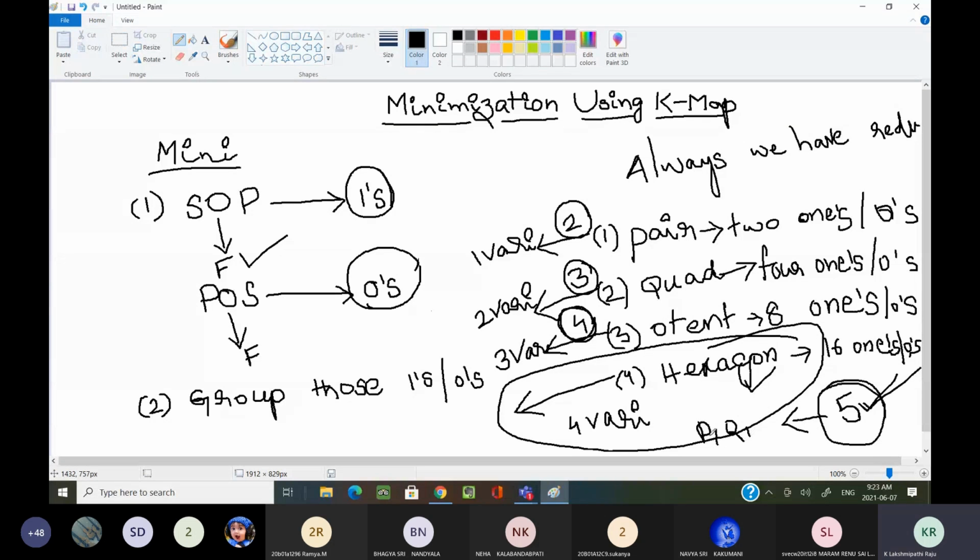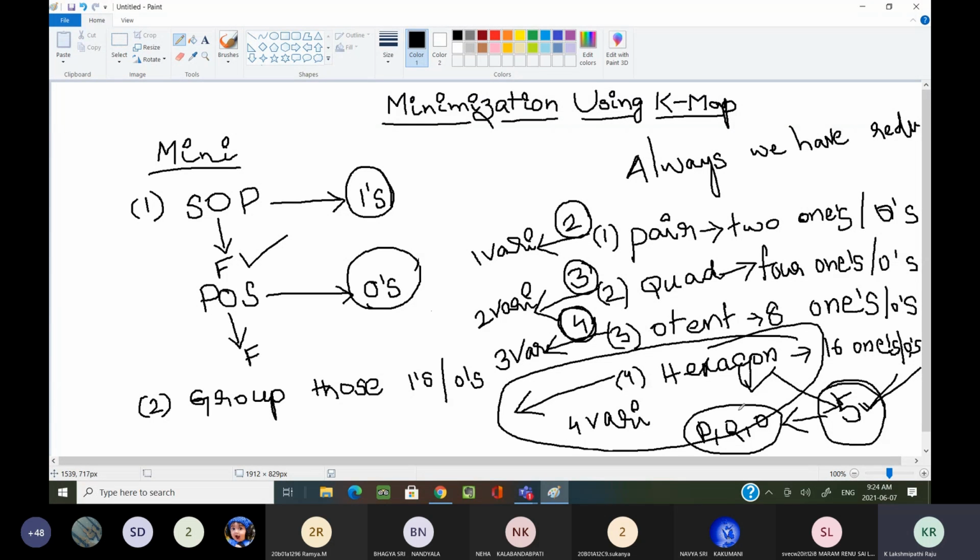But in order to form a hexagon, your expression must be a 5-variable expression. Then only you can form a hexagon. The remaining, whether it may be a pair, quad, or octant, you can form.